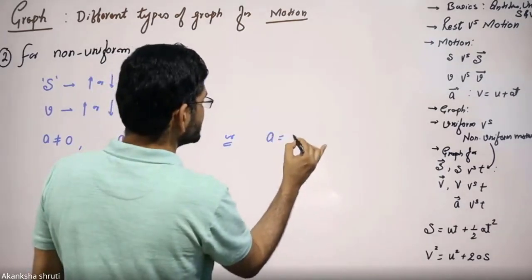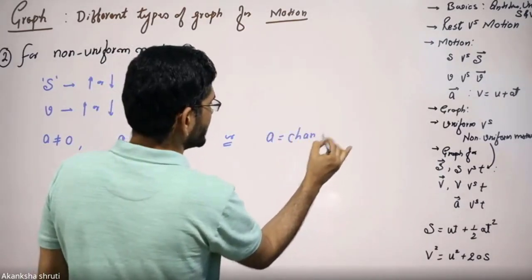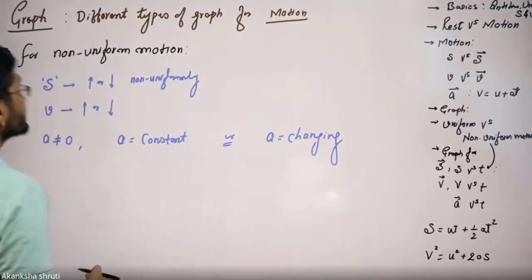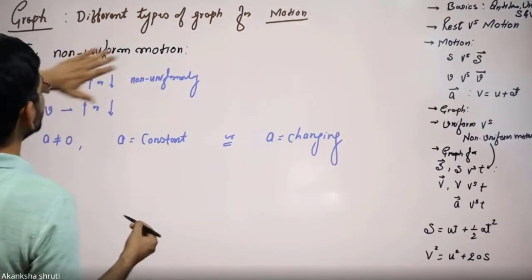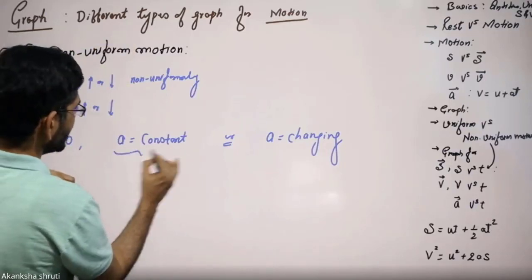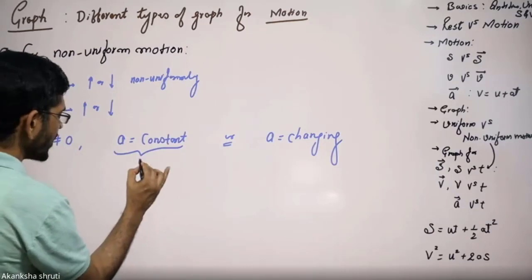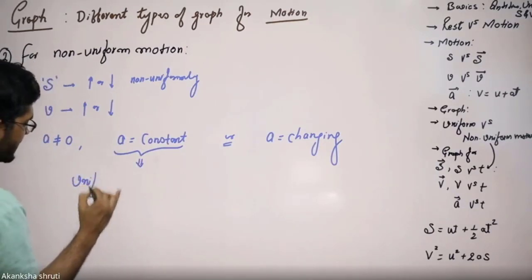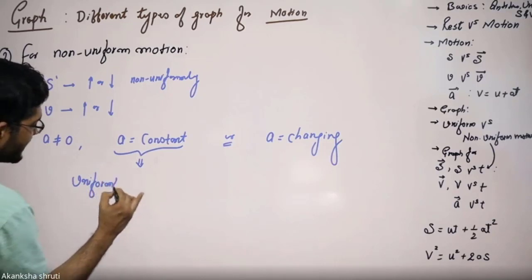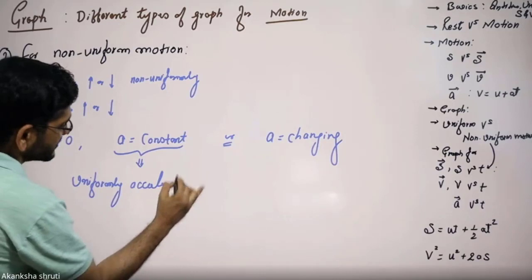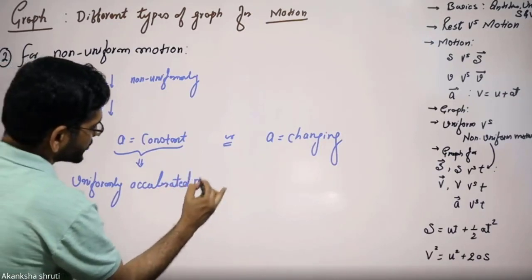A is changing. It is possible. So students, such a non-uniform motion in which acceleration is constant is called uniformly accelerated motion.